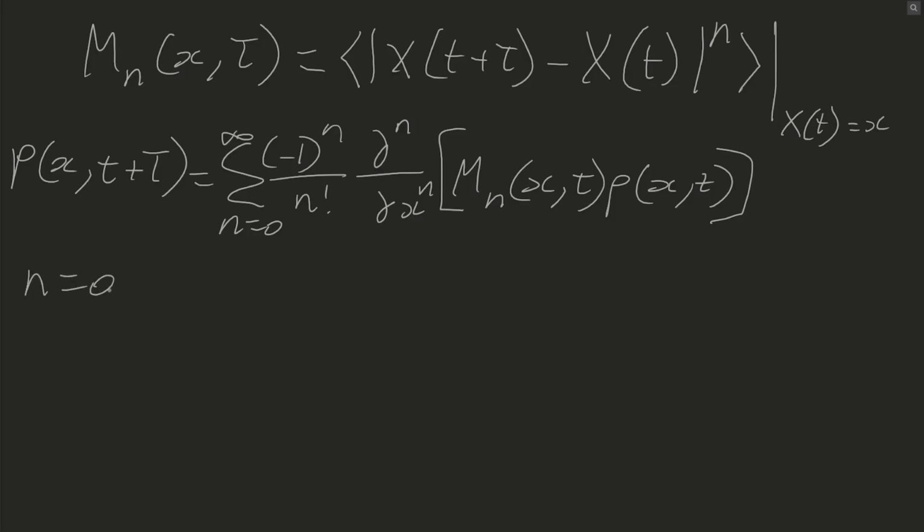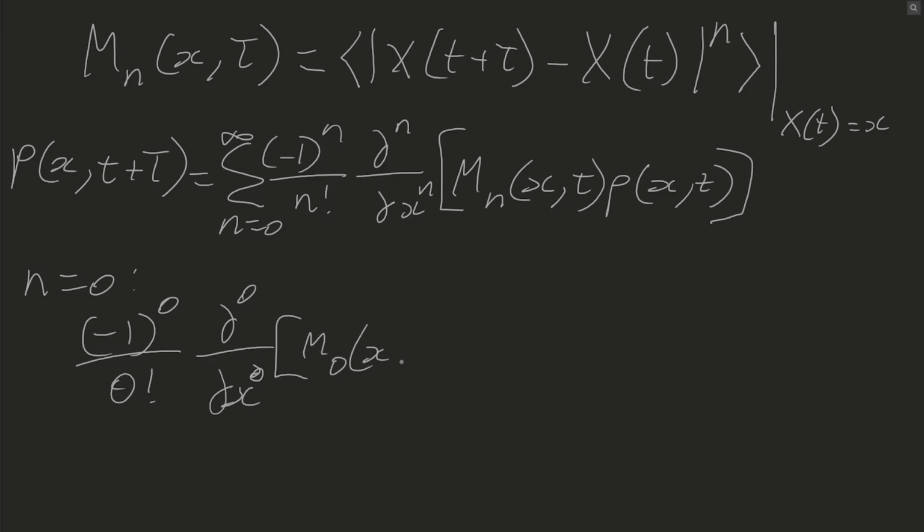So n equals 0 would of course be minus 1 to the 0 over 0 factorial, and then the 0th derivative of M sub 0 of x, tau, p of x, t, which is just M sub 0 of x, tau, p of x, t.